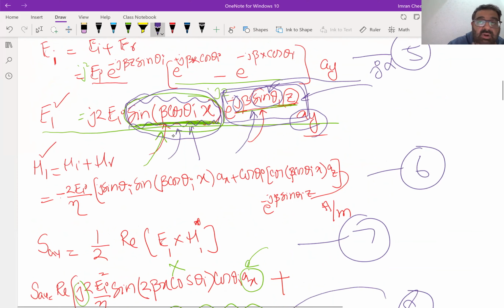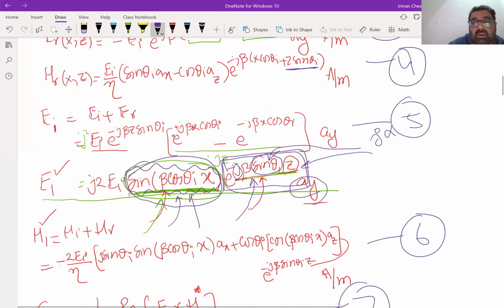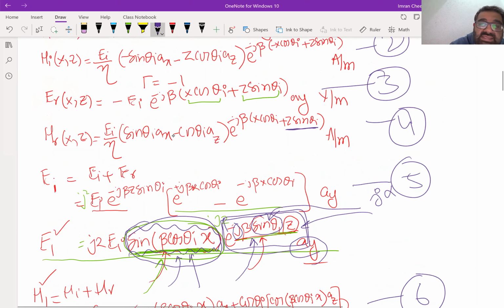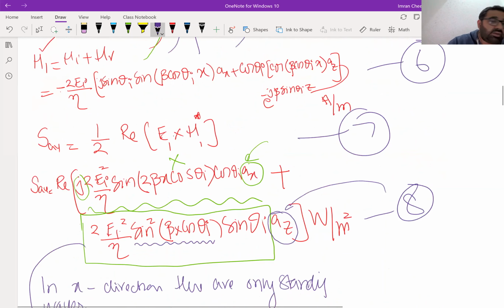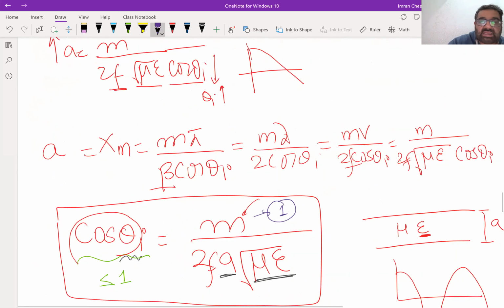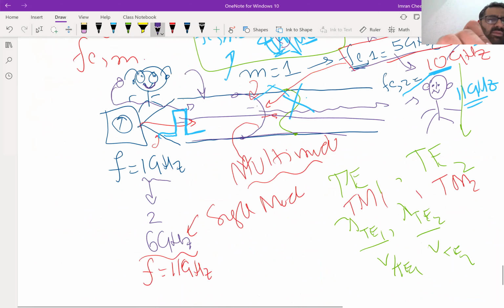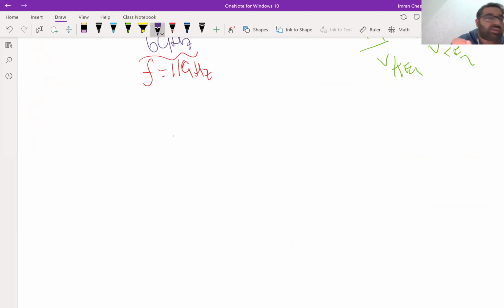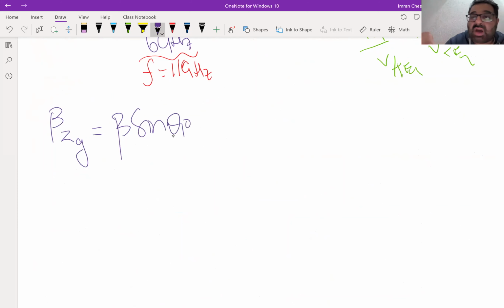So by looking over any of these equations, from 1 to 5, you can see that this beta sine theta I is your basically guide propagation constant. So let's write that. उसको थोड़ा सा मजीद उसकी मजीद थोड़ी सी mathematical चीजें करते हैं, not fancy stuff, very obvious stuff. So I will say that beta guide in the z direction is beta sine theta I. और इसको आप ऐसे भी सोच सकते हो, beta is a vector, right?